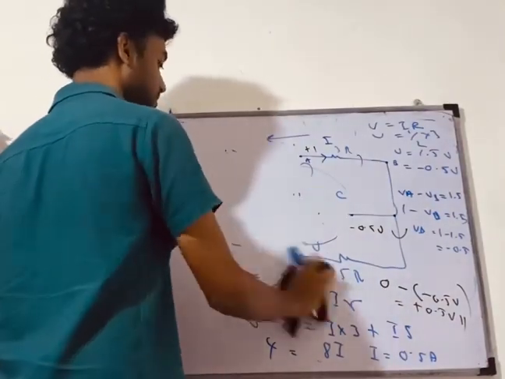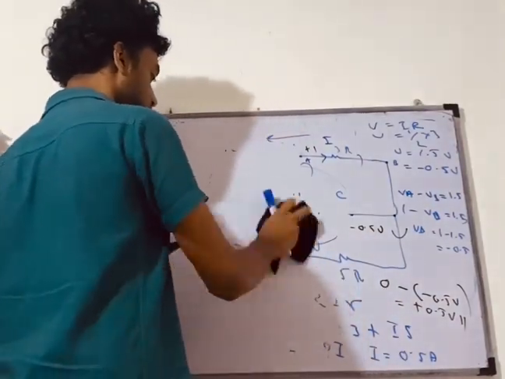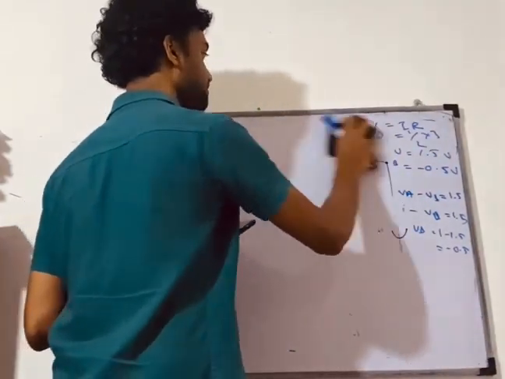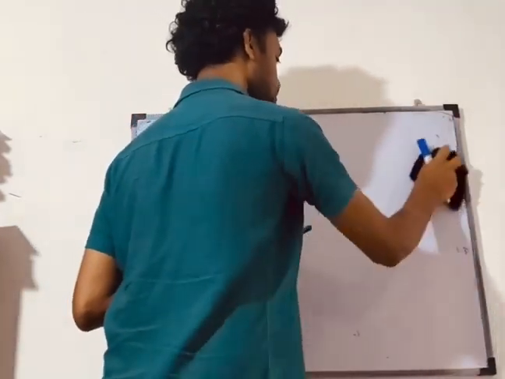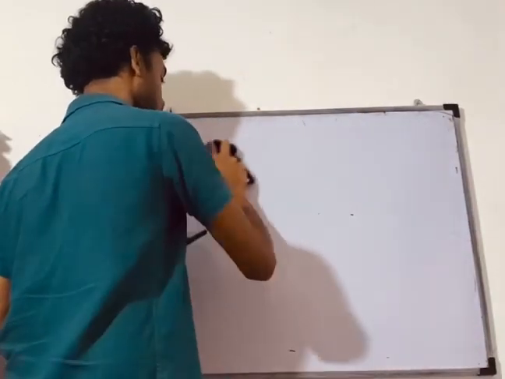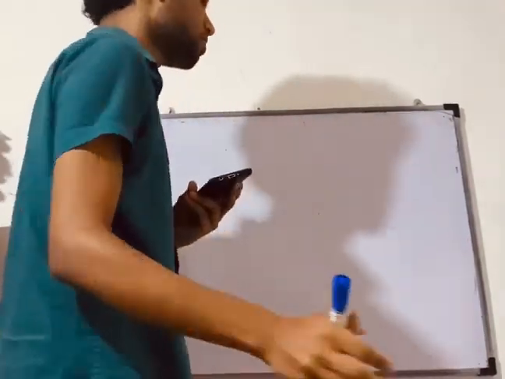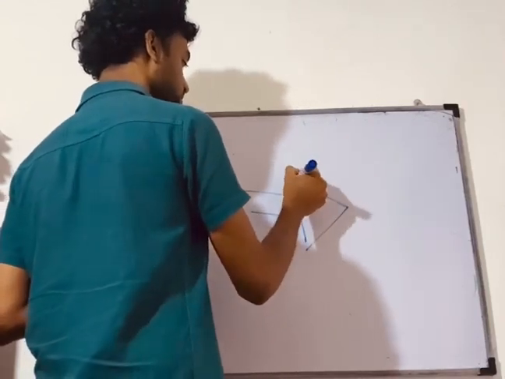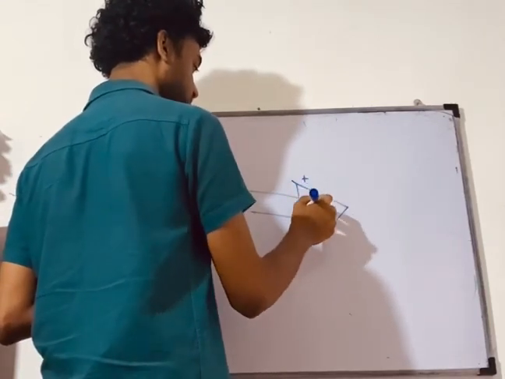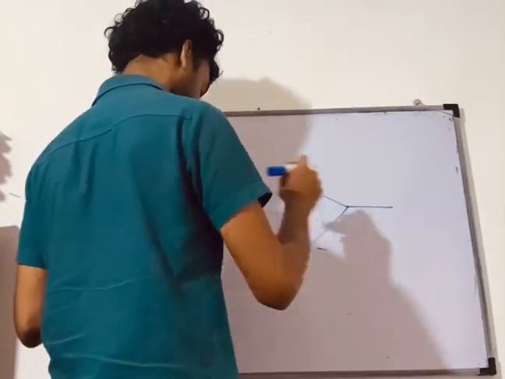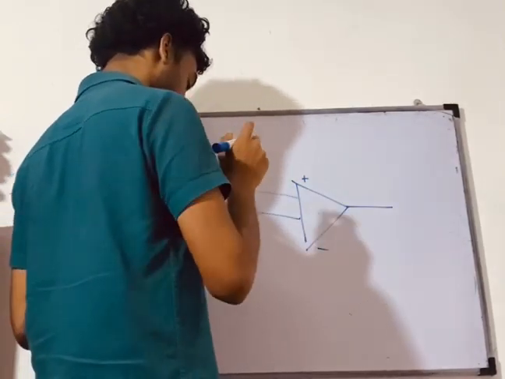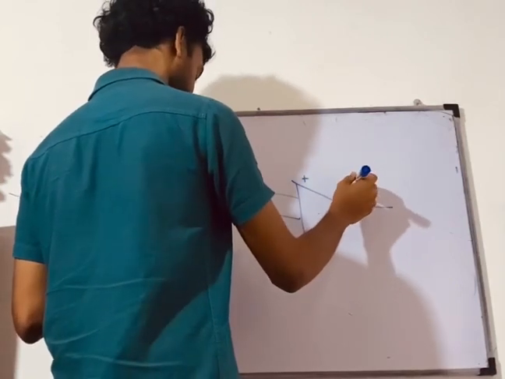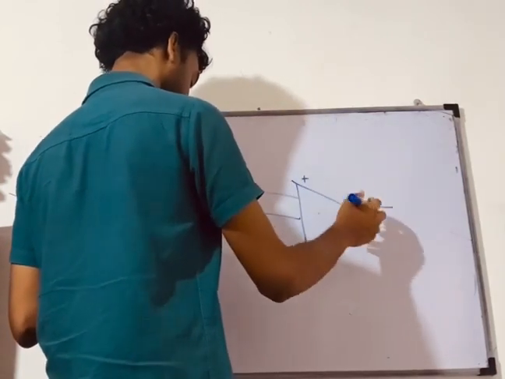What do you mean by that? Open loop state and not the closed loop. Voltage comparator. We can compare voltages, which is high, which is low. So if I have this op amp, this is the positive terminal, this is the negative terminal, and here I have V0.